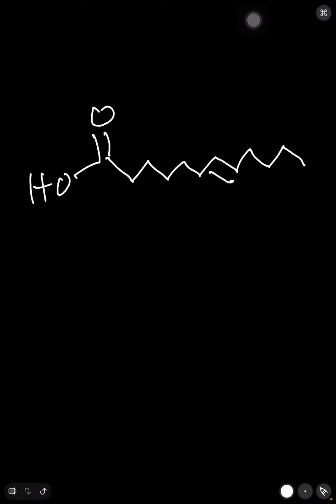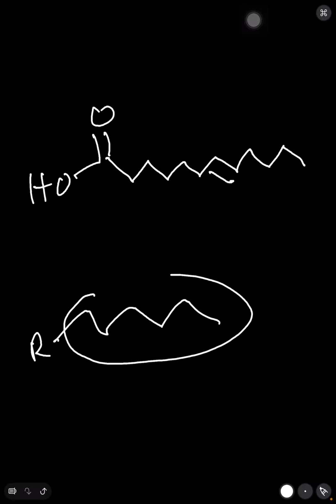By the way, the term saturated, when you talk about a saturated tail, I'll just use this as an example. Basically, that means all these 6 carbons that I've circled, when they're in a chain like this, the maximum number of hydrogens they could ever hold would be 18.